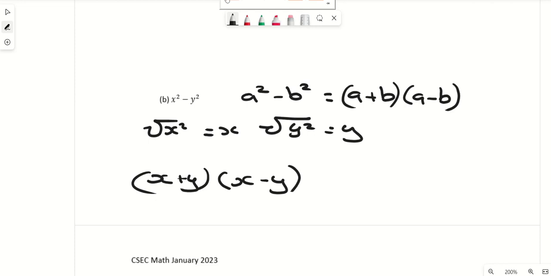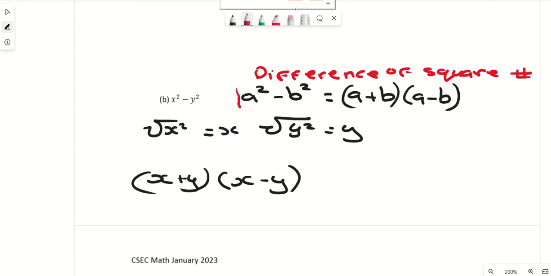So this law is the difference of squared numbers, or squared terms, because it has x squared minus y squared, and this is the rule that you should learn.